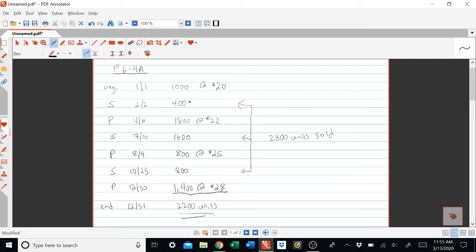All right, so what's the cost of these 400 units that were sold on February 2nd, assuming LIFO from the standpoint of February 2nd? Last in was the first to leave. The only thing before the second are these. So these 400 that were sold on the second, they have to have come from these units. So the cost of these 400 units, 400 times 20.